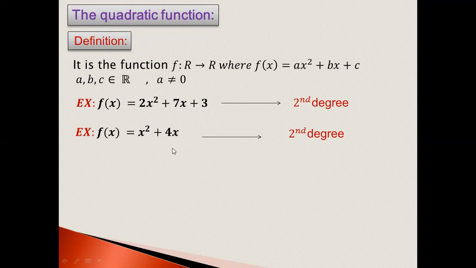This function is of second degree because the highest power of the variable x is 2. That means it is called a quadratic function. Also, this function is of second degree because the highest power of the variable x is 2, so it is also a quadratic function.